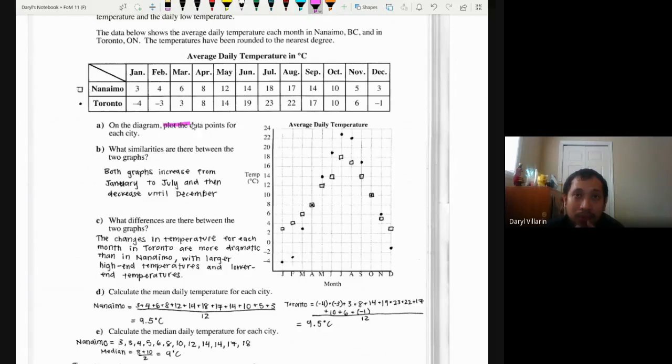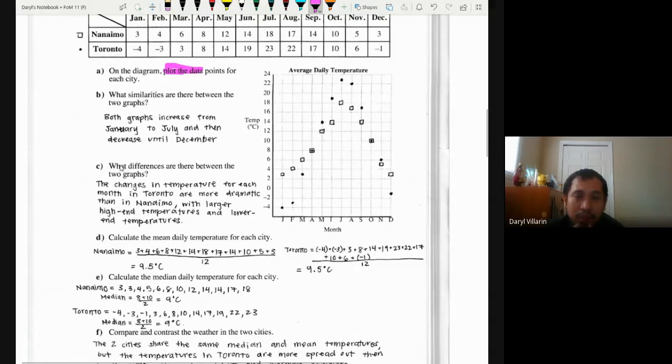So you just have to plot the data points. Again, the y-axis represents the temperature, and the month is along the x-axis. So January, February, you have a set of temperatures here. I give you a free hand for the description. I'm not so strict with that. But you can say that both graphs increase from January to July, then decrease until December.